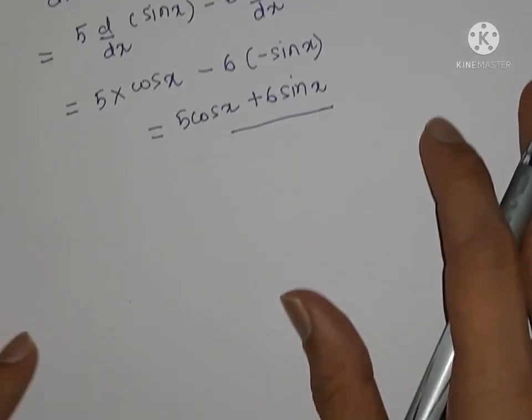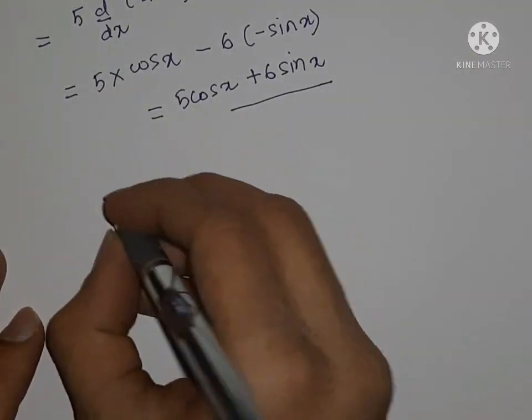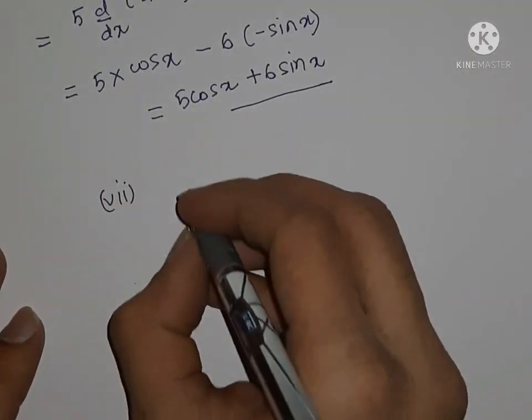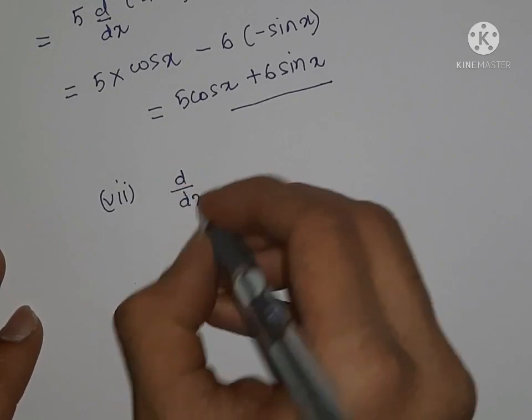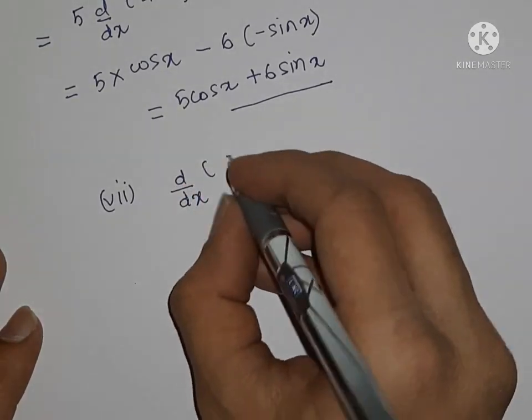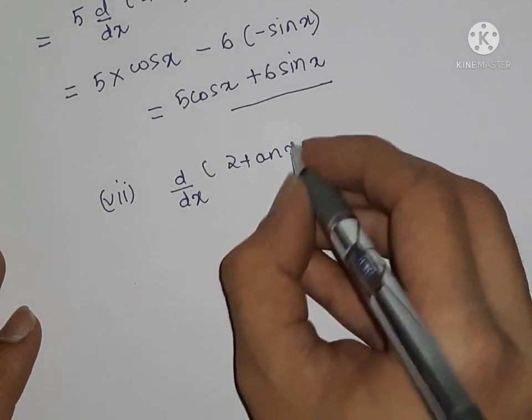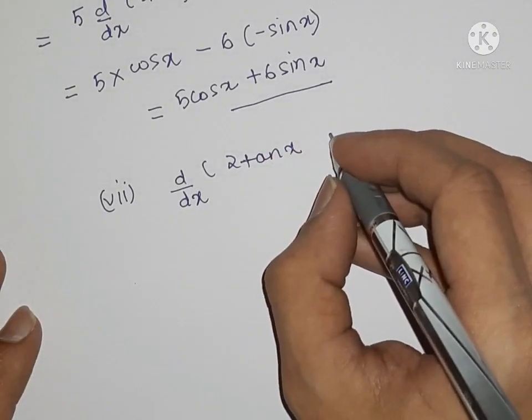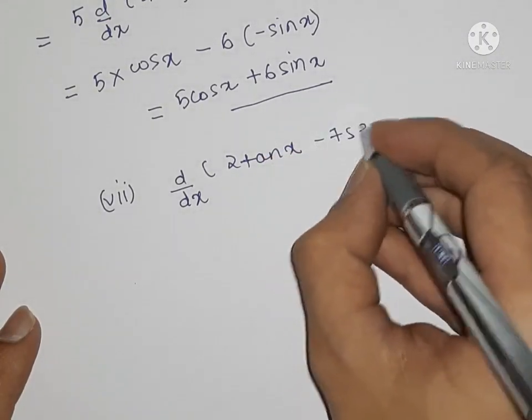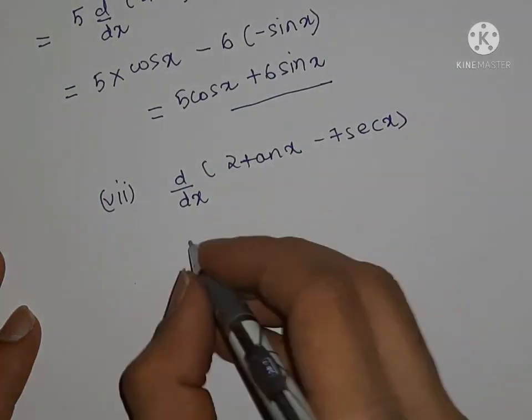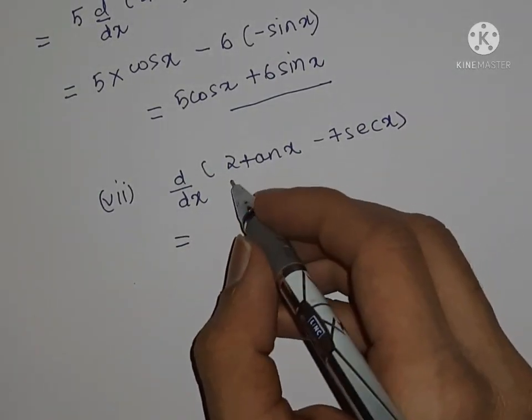Now let us go to the seventh one. So we have to find the derivative of, here the function is 2 tan x, then we have minus 7 sec x. So this is equal to what?